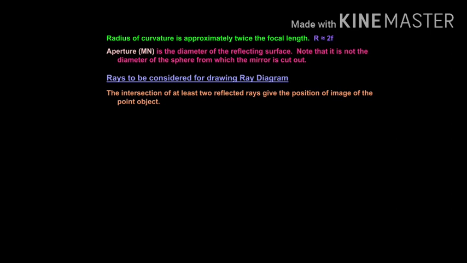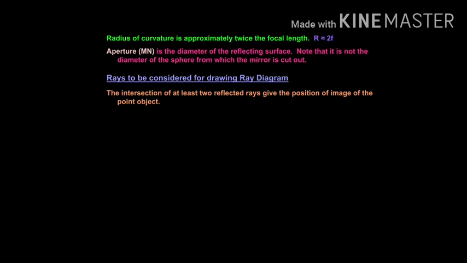There are basic properties to follow when drawing the image of an object. For the formation of an image, there should be at least two incident light rays that, after reflection, intersect each other. And the rules for the formation of images are as follows.